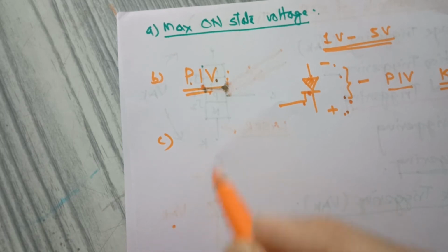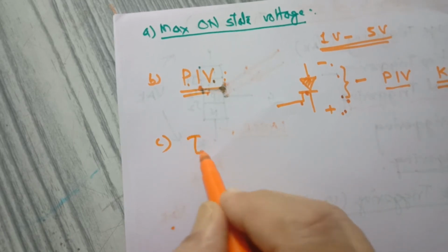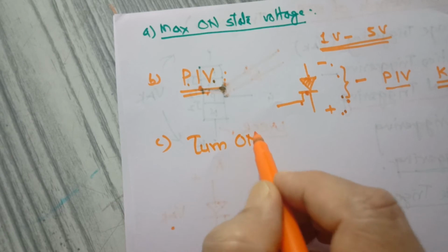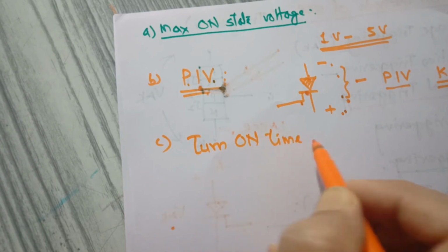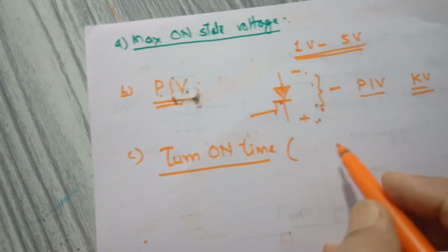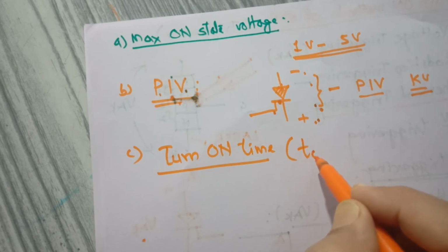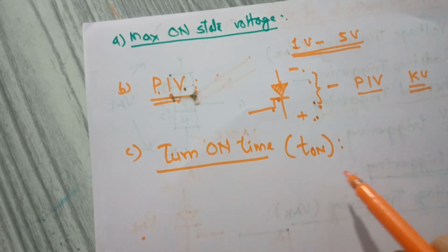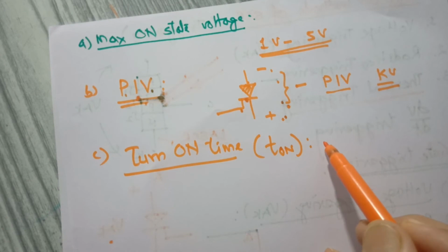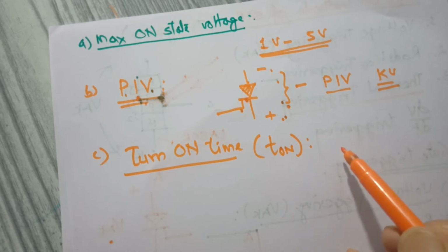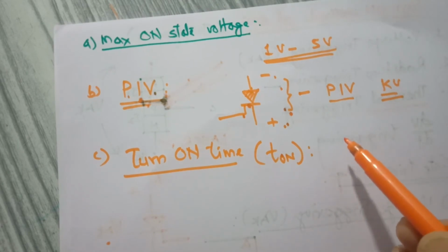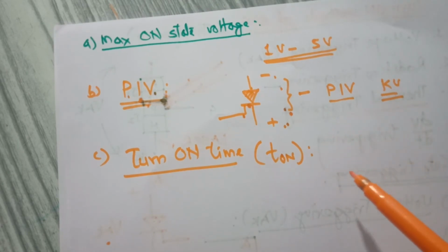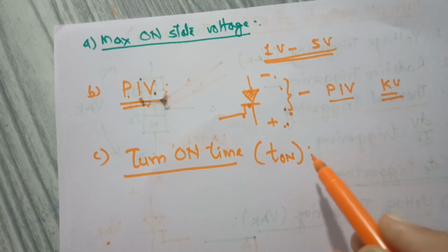Then the other parameter that is used to characterize the SCR is the turn on time, and the symbol is like this, T suffix on. The name itself indicates that it is the time taken by the SCR to turn on. To turn on means to go from the blocking state to the conducting state, off state to on state, after triggering.